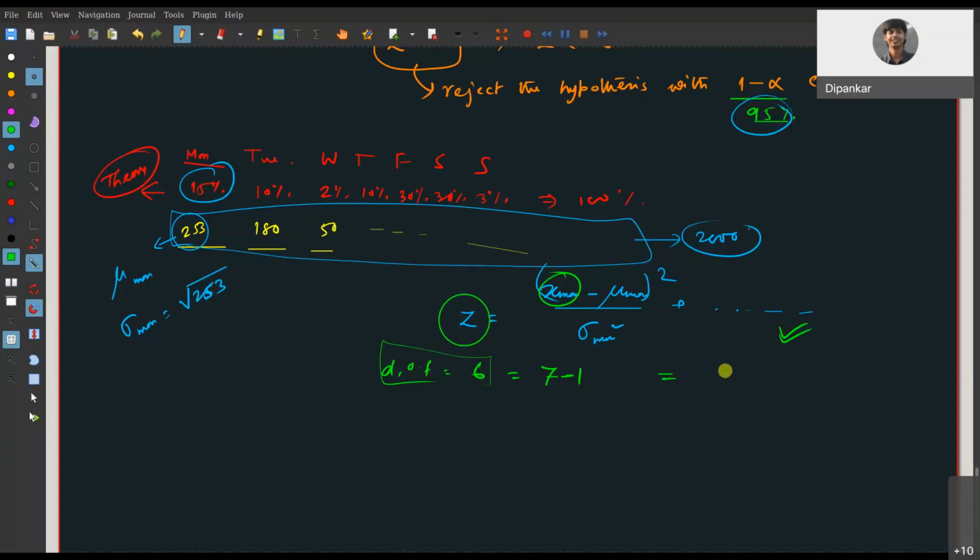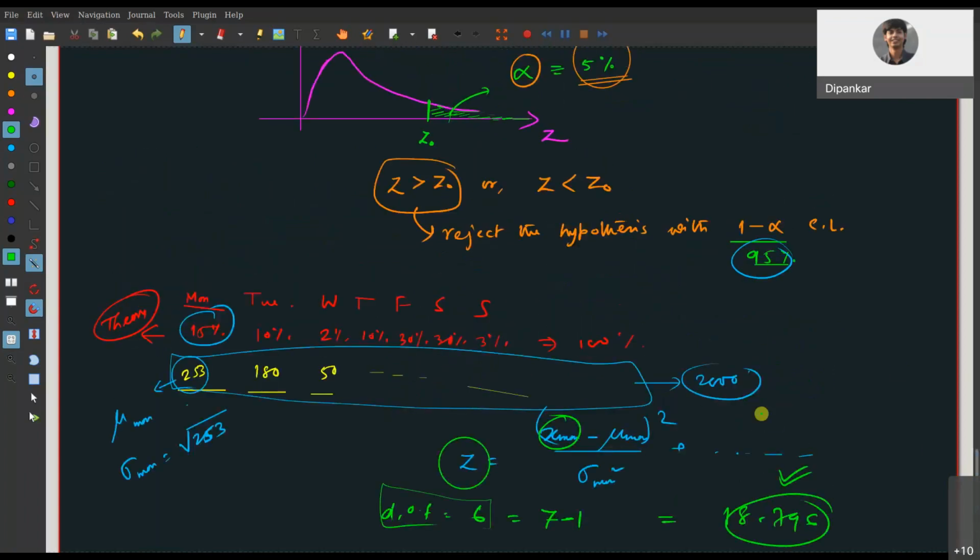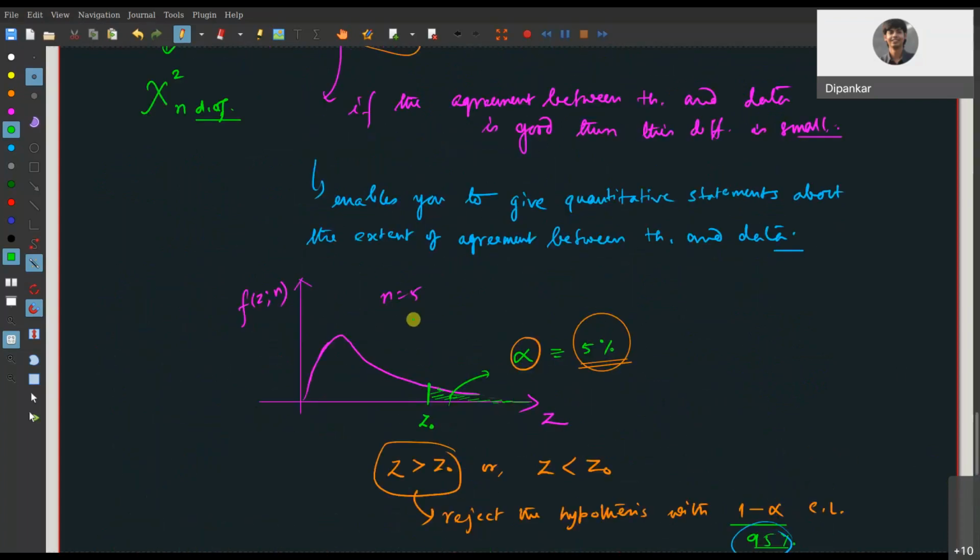Now you calculate this thing from your data, and you get a number. Suppose the number is 18.796. Then you look at the chi-square distribution for n equals 6. You figure out the z0 corresponding to which this 5% is there. Usually there is a chi-square table.